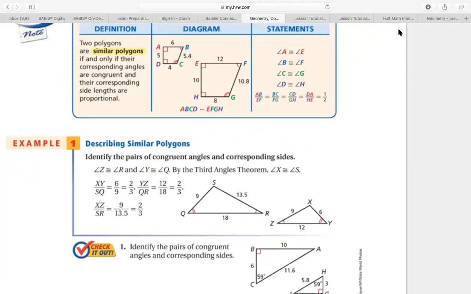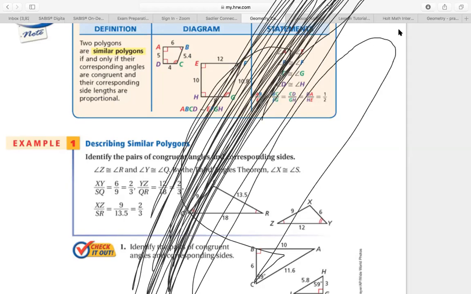So it is given that angle Z is congruent to angle R, colored as one red dash. And angle Y is congruent to angle Q, given with 2 red dashes. By the third angles theorem, angle S will be congruent to angle X. So you have to put in your mind, who is colored black?